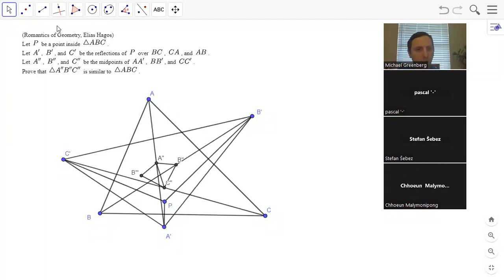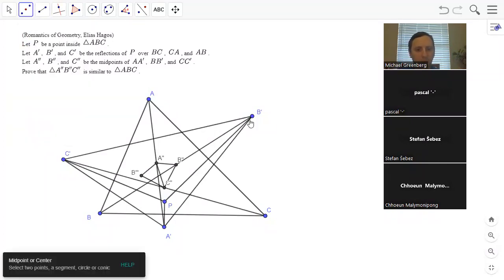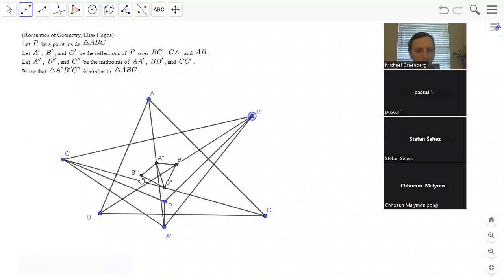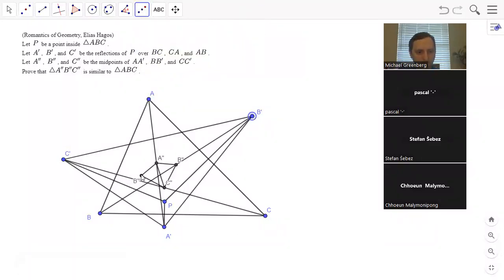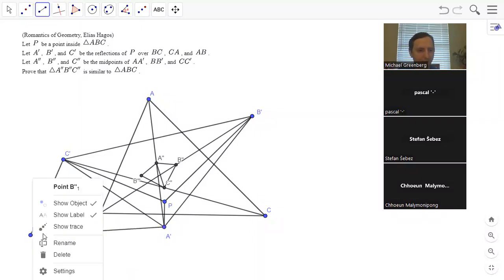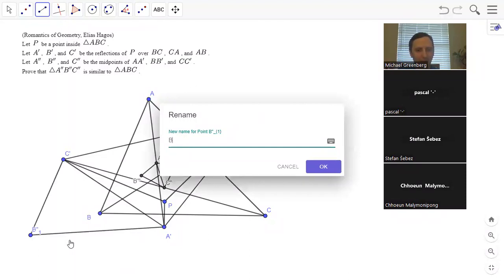So then if we reflect B over B triple prime, or reflect, sorry, reflect about point. This triangle right here should be similar. If I call it like B quadruple prime, let me just call it K.